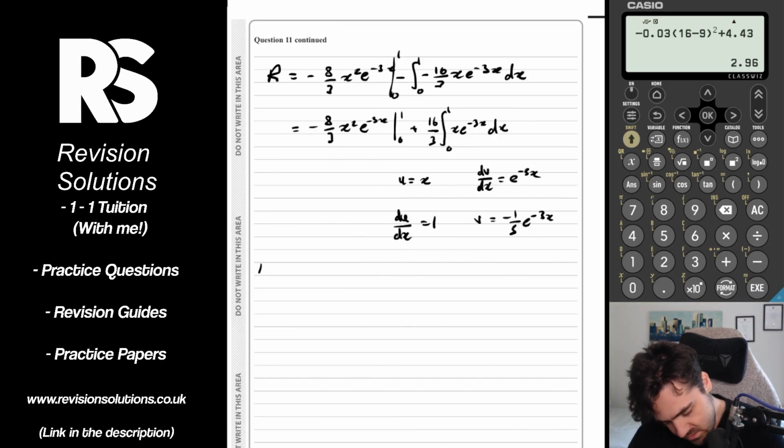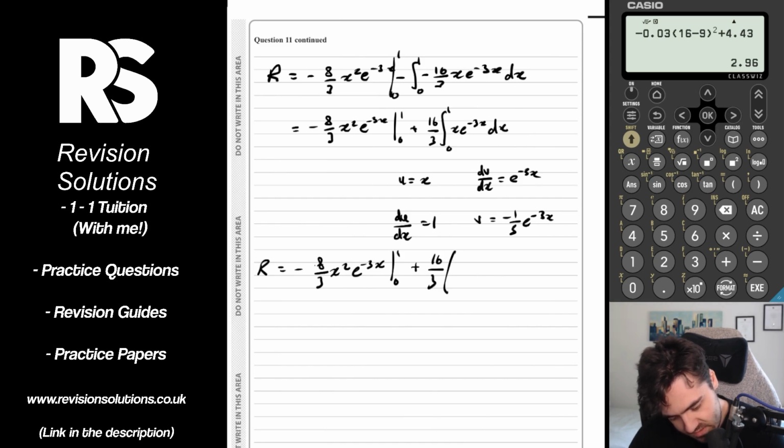So now our shaded region R is -8/3 x squared e to the -3x, evaluated from 1 to 0, plus 16/3, and then let's put this all in brackets for our next formula.